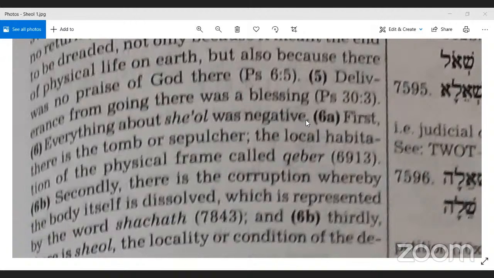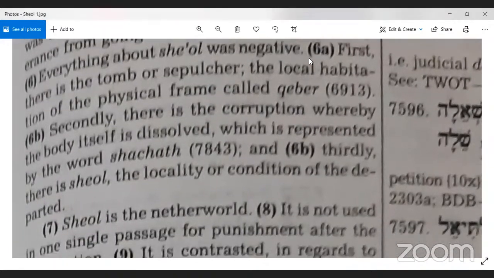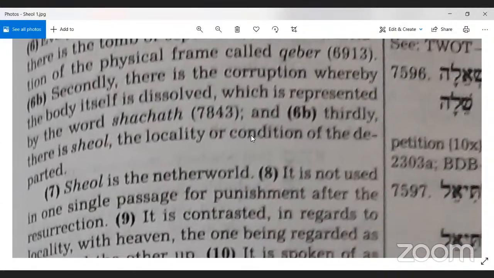Do we agree? Do you individually agree with this? No, I don't agree with either. Okay, let's go to 6. 6a. First, there's the tomb or sepulcher, the local habitation of the physical frame called Kuber. That's modern Hebrew, you don't have to worry about it. Is that the Strong's number 6913?